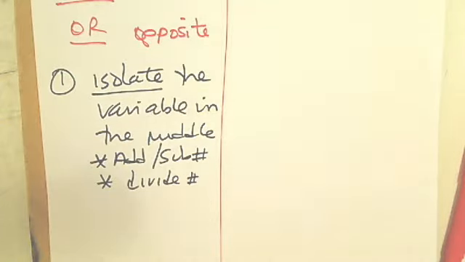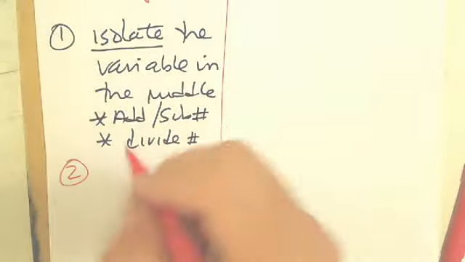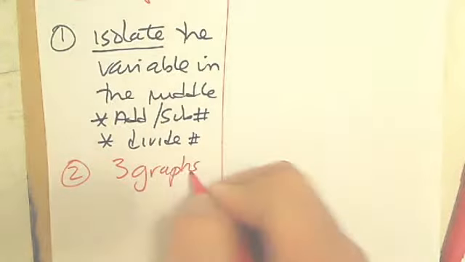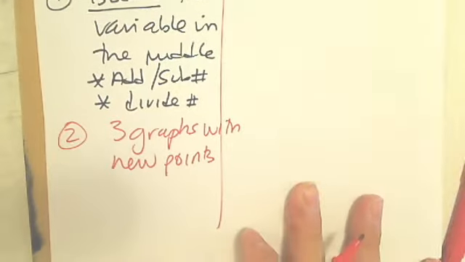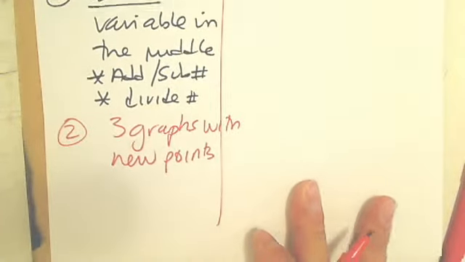In the last step, step 2, you should have 3 graphs with new points. What are the 3 graphs? Very easy.